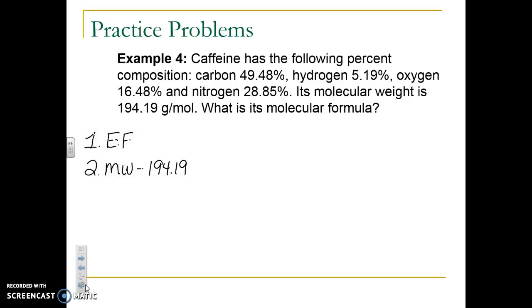If you remember from the last video, we had a poem with the 4 steps to find that. Percent to mass, mass to mole, divide by small, multiply to whole.